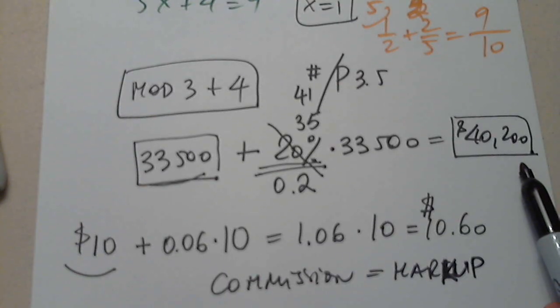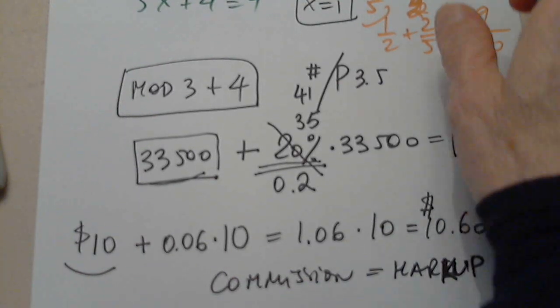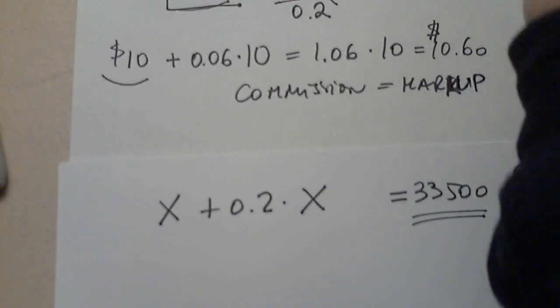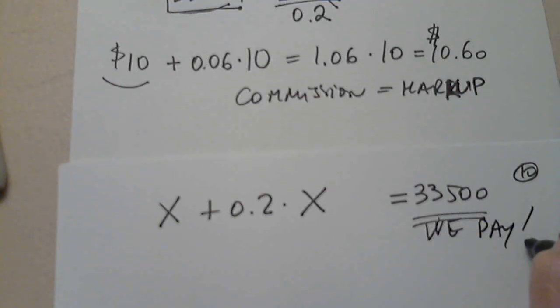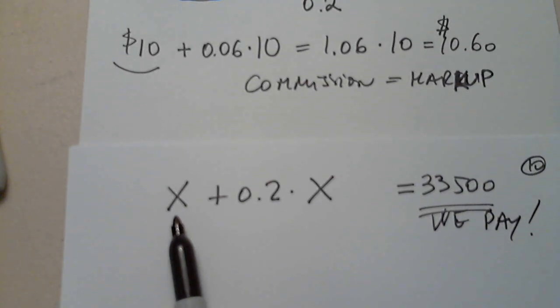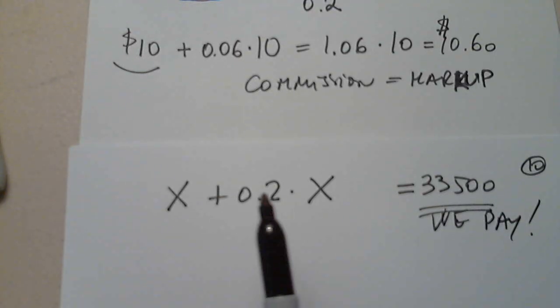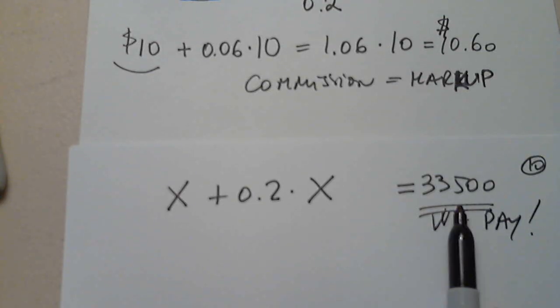How much will we end up paying? This is correct, but this is not what they're asking. What they were asking is, this is what we pay. So to the price that they pay the manufacturer, plus 20% of that price.